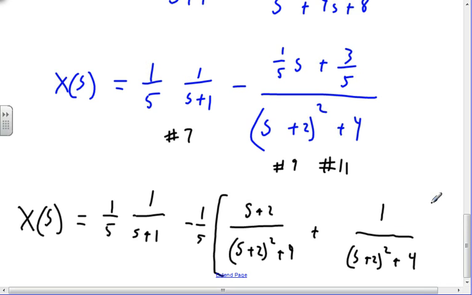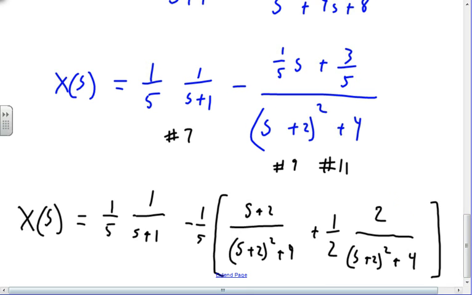Now I look at number 9 and I see that I don't want a 1 there, I want a 2 there because the k is squared, so I got a 4 and the square root of 4 is 2, so I want a 2 on top. So I'm going to put a 1/2 in front and I'm going to put a 2 on top.